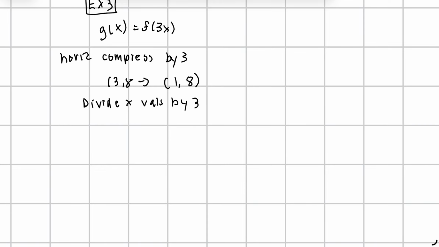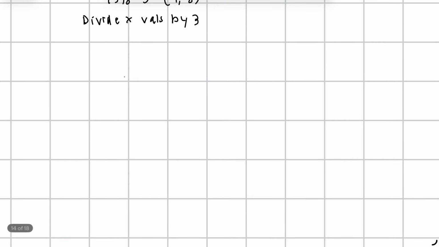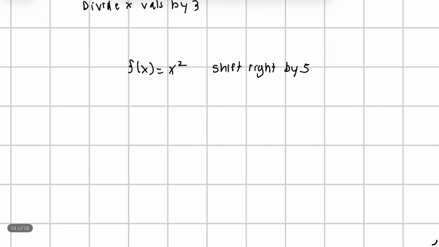Now, let's do a shift right by 5. What this means is going to be a horizontal transformation. So this is going to become f(x) equals (x minus 5). You don't want to do it on the outside, it's the inside.